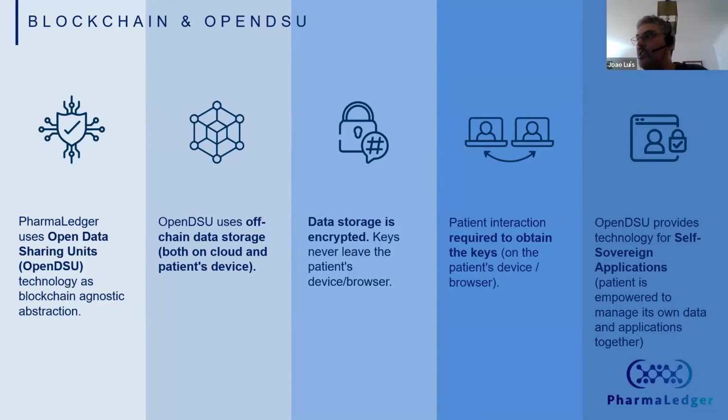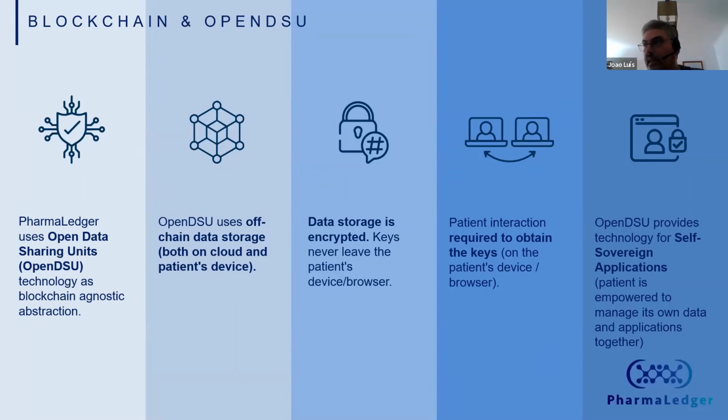Now, what about blockchain and OpenDSU? So blockchain is fashionable, but there are some principles there which are important. And how are we using blockchain here? First, we are using blockchain with another technology called Open Data Sharing Units. It's about self-sovereign applications. So people have ownership and control of their data and allow sharing of their data with other entities.